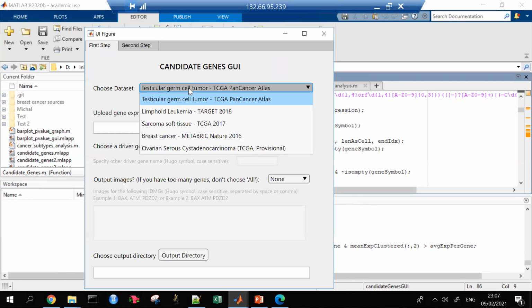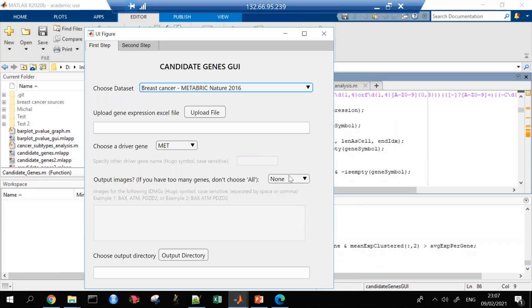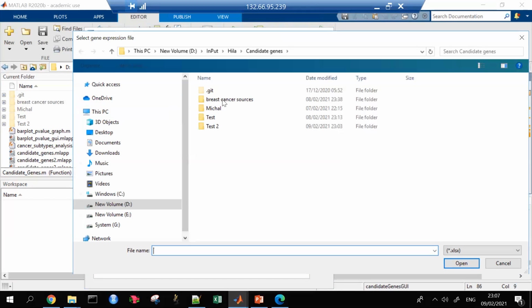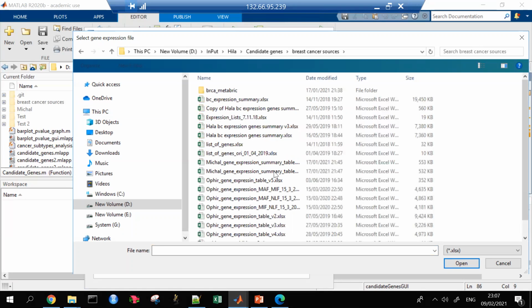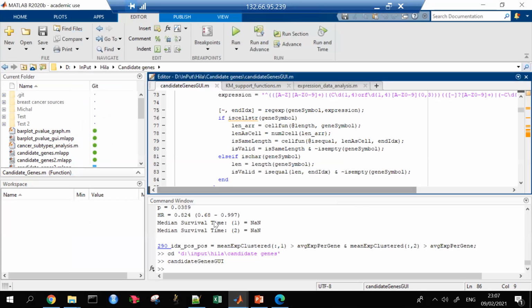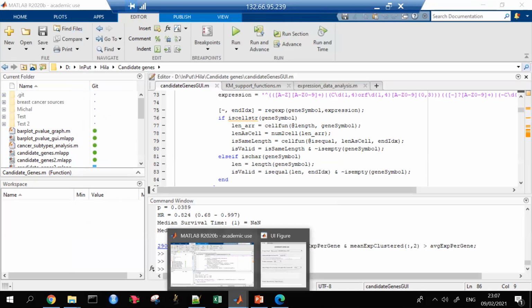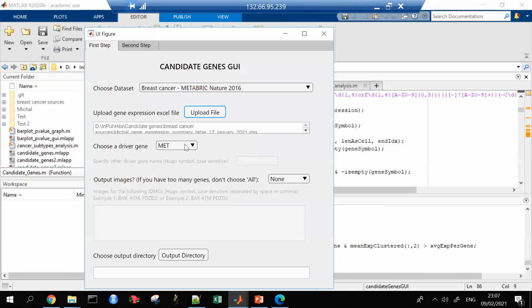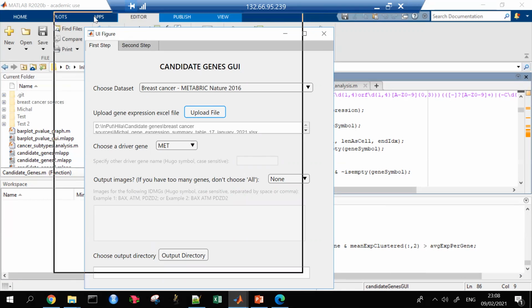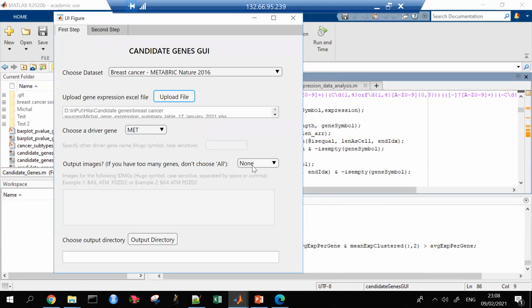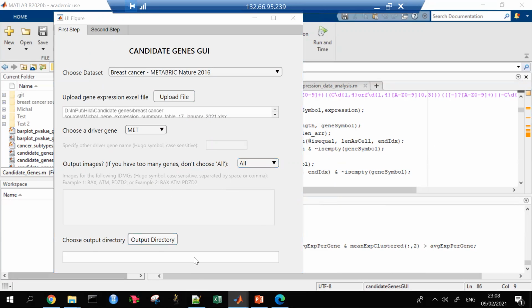Choose a dataset, applet file. I'm just randomly choosing a file. Driver gene MET, output images, and we will output all the images. We don't have many images in this part of the calculation. Choose output directory.